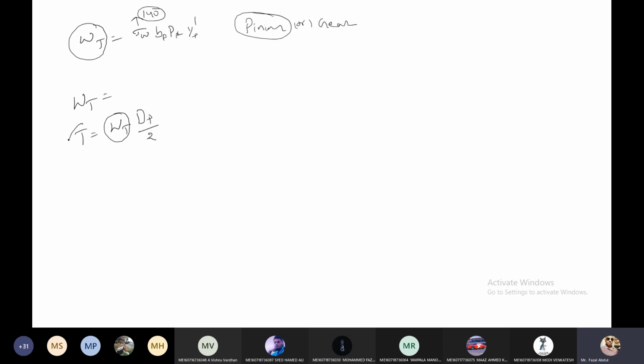Now in this equation, what is the T value? Torque is how much acting on the gear wheel? T is the torque acting on the component, and from the power relation P equals 2 pi n T by 60, we can get the T value.